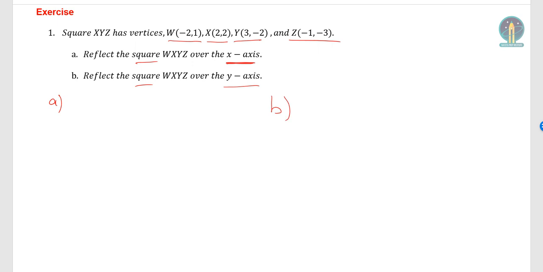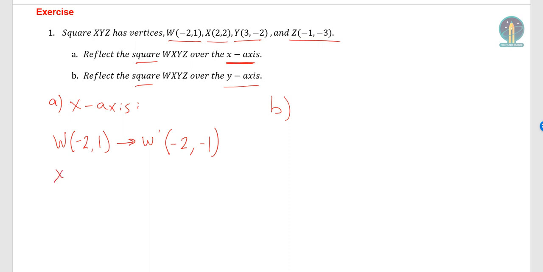So to reflect over the x-axis, we have point W, which initially is (-2, 1), becomes W prime, which is, again, since this is reflecting over the x-axis, you keep the x component the same, but the y component gets multiplied by -1.